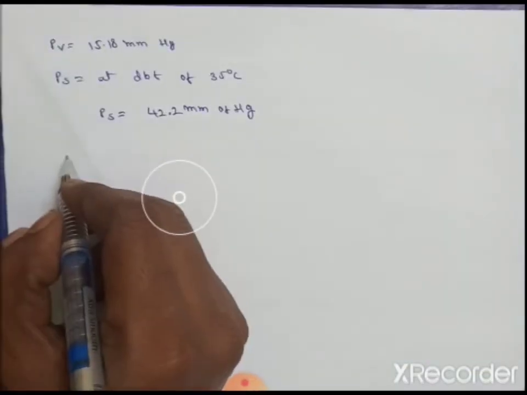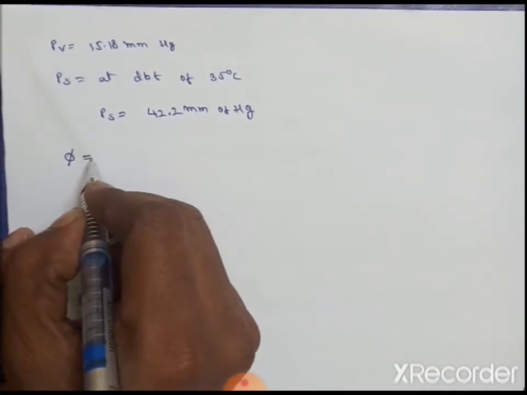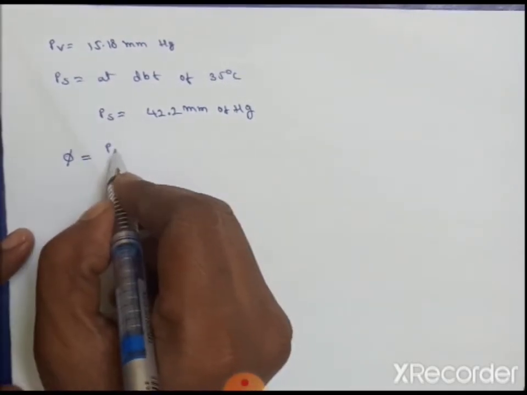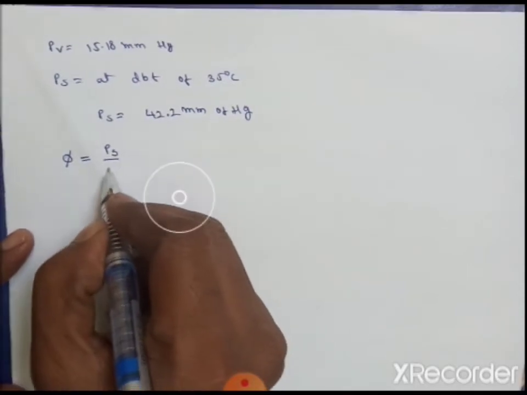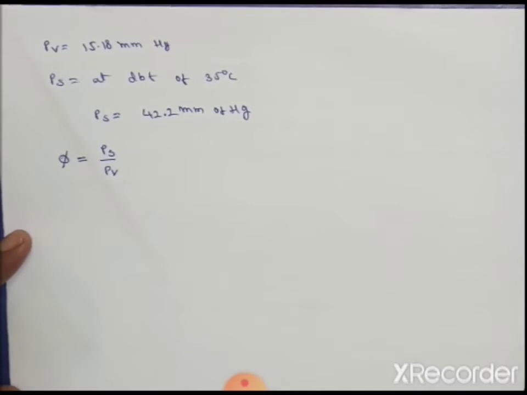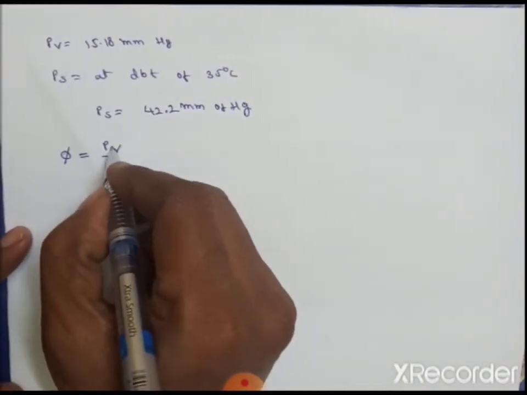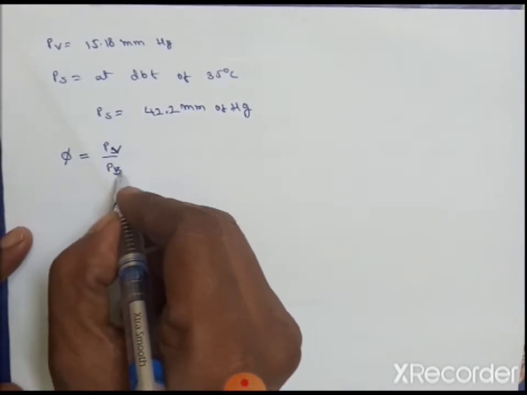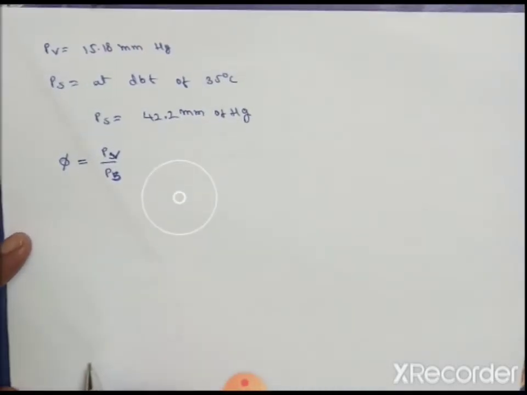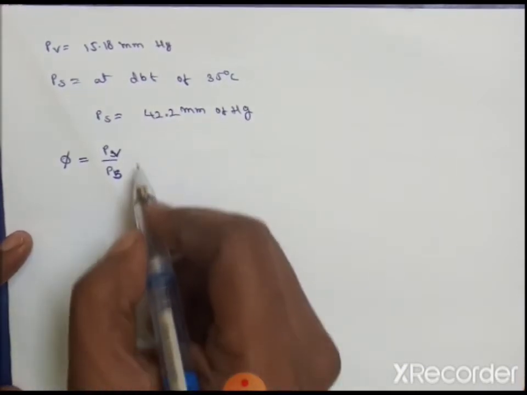So next, the relative humidity is equal to PV by PS. Sorry, PV by PS: the partial pressure of water vapor at normal condition to the partial pressure at saturated condition.